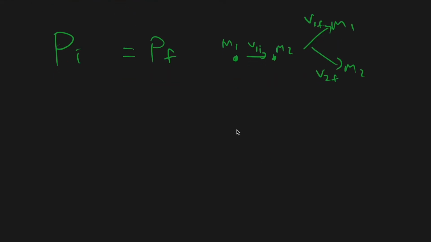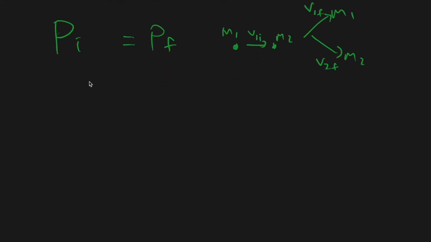Right. So how do we calculate initial momentum? We know initial momentum is equal to P1i plus P2i, so mass 1 and mass 2, which is equal to P1f plus P2f.